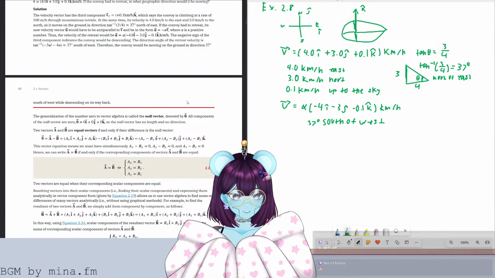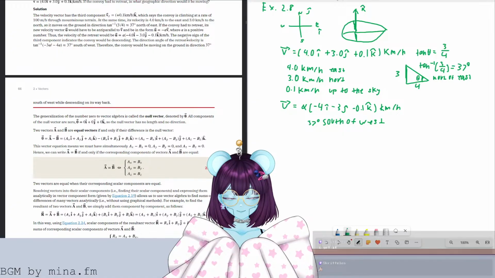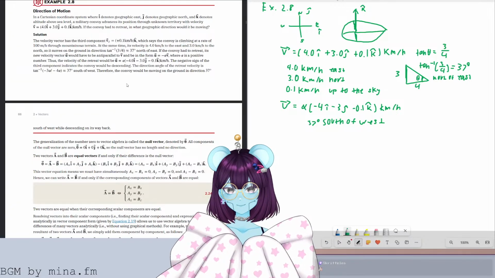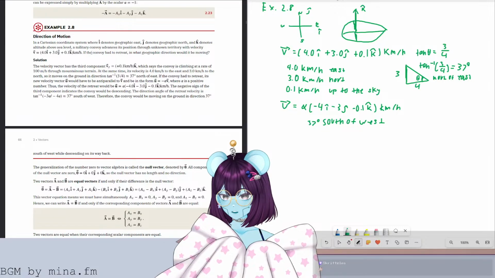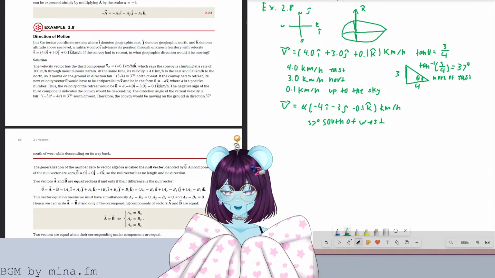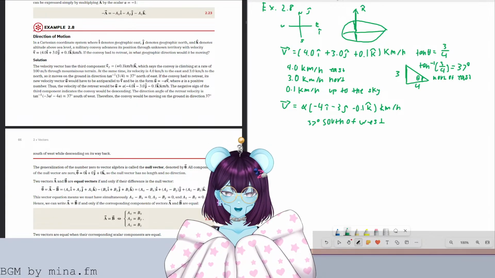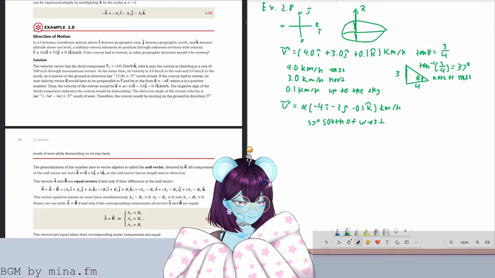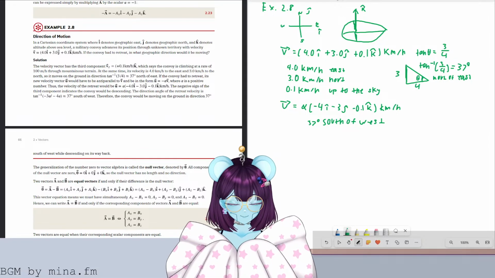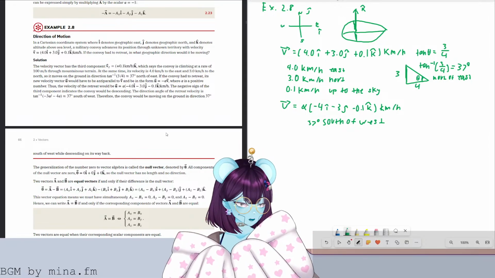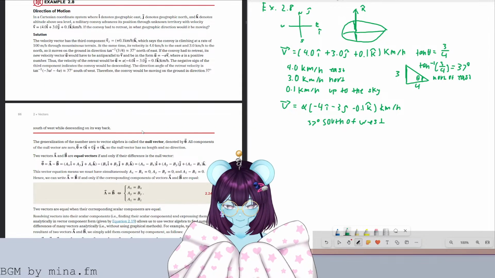So it's going down the mountain at 37 degrees south of west, while the first one goes up the mountain north of east at 37, and then it retreats and goes down the mountain at 37 south of west. So basically it just turns around and goes backwards.